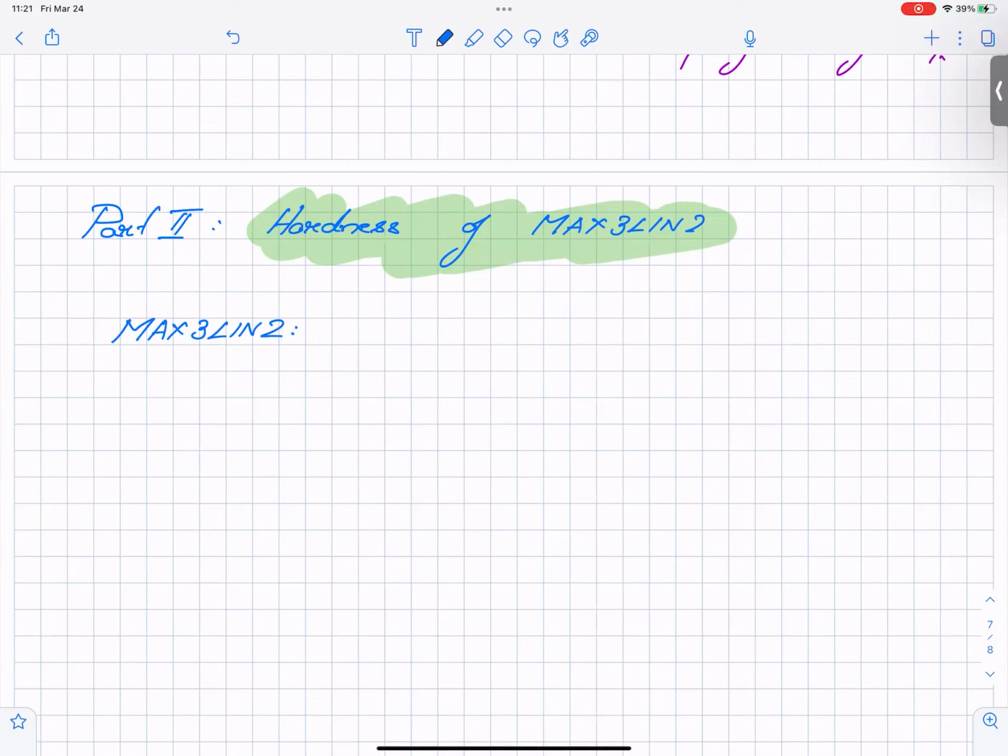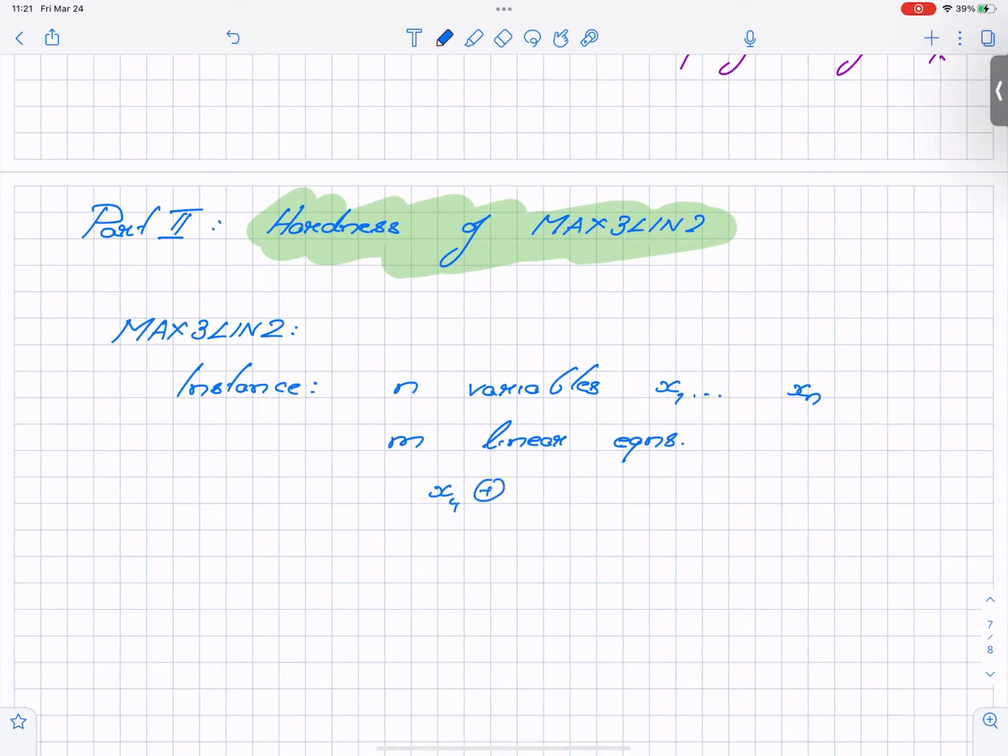So the instance is given by n variables x1, x2, ..., xn and m linear equations, and each linear equation is of the form xi1 XOR xi2 XOR xi3 equals bi.